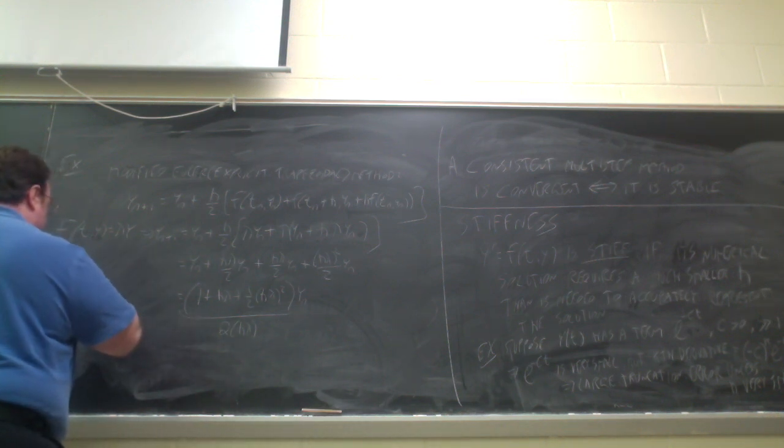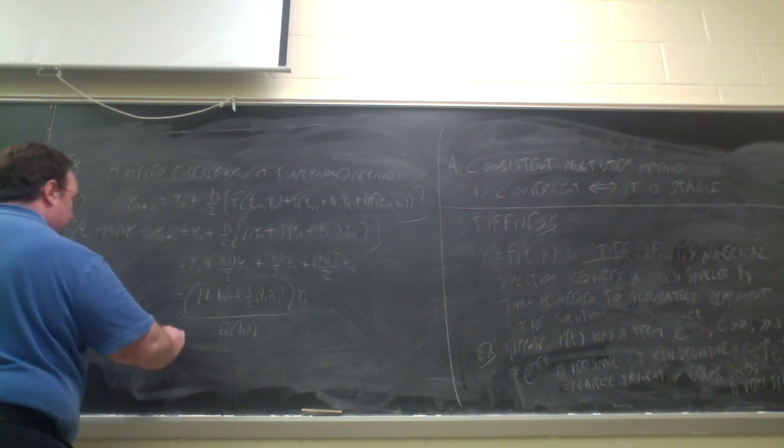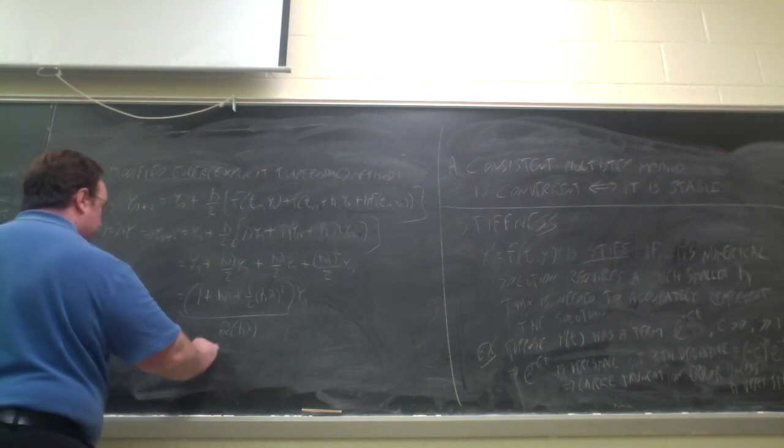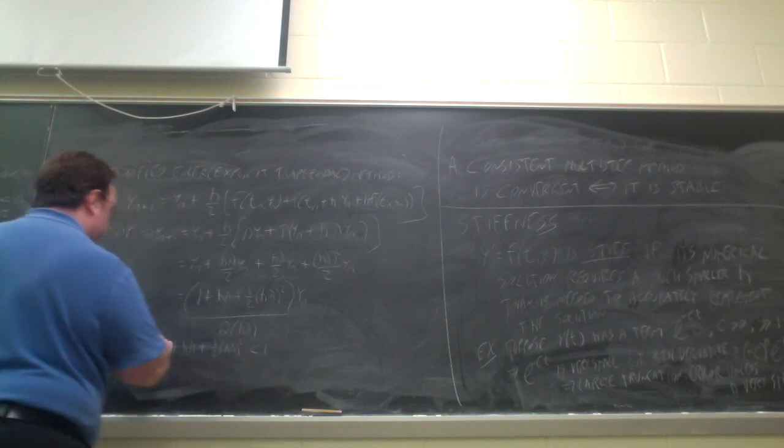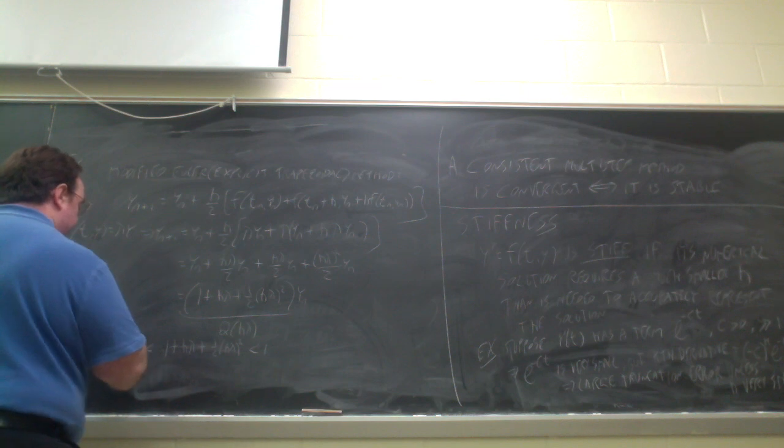So we want 1 plus h lambda plus 1/2 h lambda squared to be less than 1 and greater than minus 1.